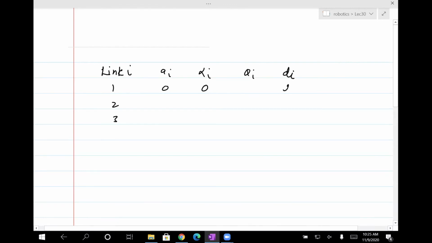Sorry, let me just swap this because that's how I wrote this down. Then we have 0. You could write 270 or you could write minus 90. It's up to you. D2, 0, then 0, 0, D3, 0.